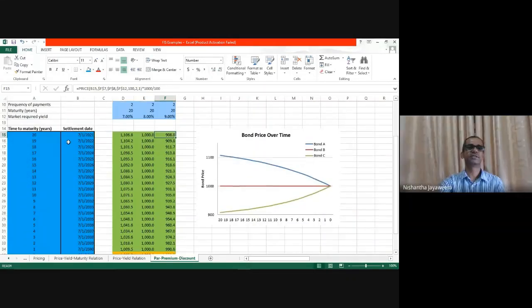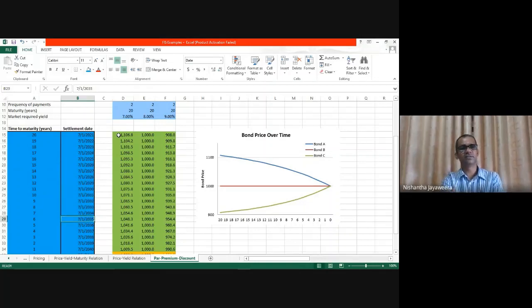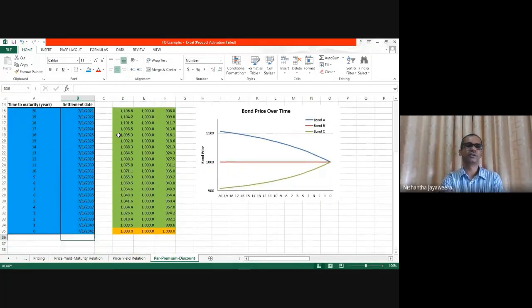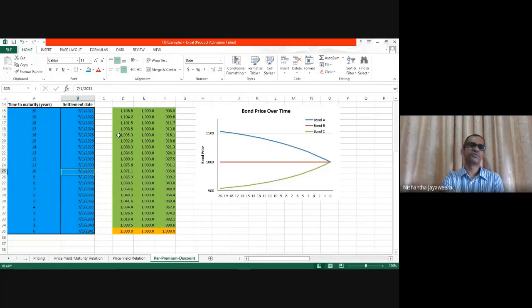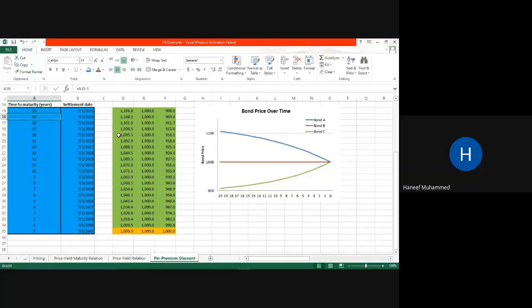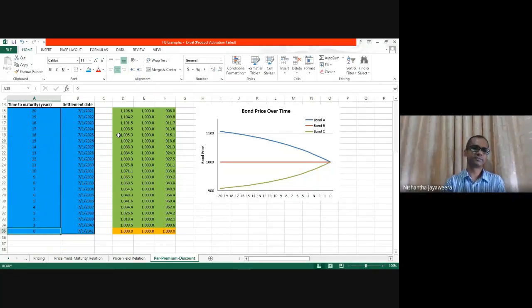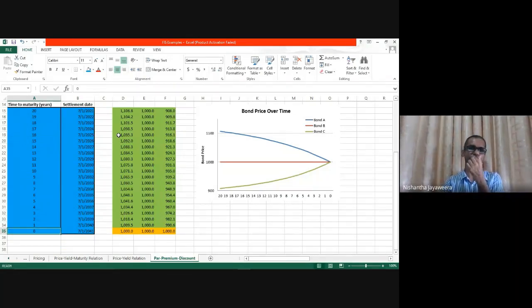Then I change the settlement dates, moving one year forward each time, reducing the time to maturity. Initially it was 20 years. By 2022, the remaining time to maturity is 19 years. Likewise, on the maturity date, time to maturity is 0, and I have priced the bond.